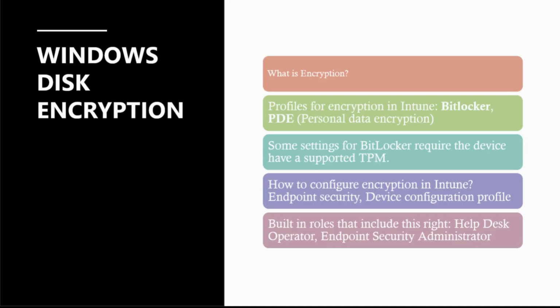We can encrypt the whole disks of the computer. But with the PDE profile, we can just encrypt the files. So if you don't need to encrypt the whole hard drive or disk, you just go with PDE, personal data encryption. You just encrypt the files or the data you need.